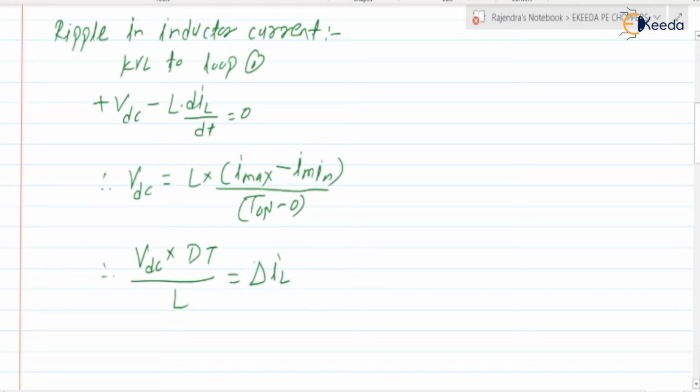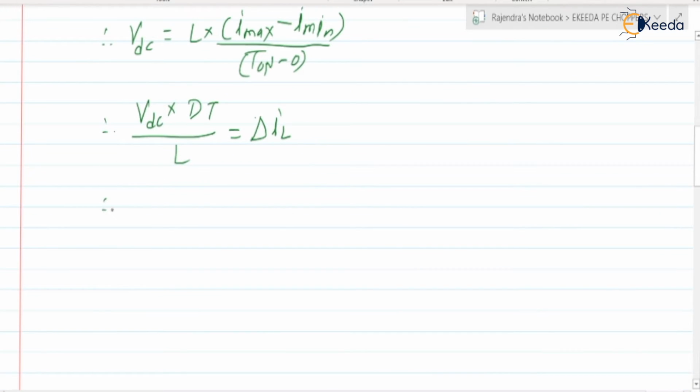Further, can we replace this VDC, the input voltage, in terms of the output voltage? Yes, we can write it with 1 minus d by d. So delta IL is equal to 1 minus d by d into V0, into dt by L as it is.